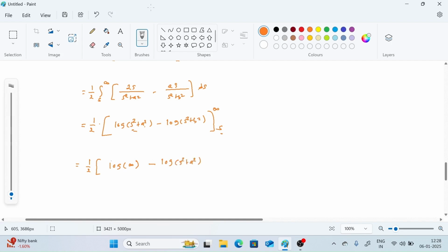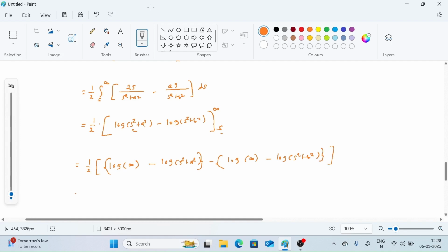This term will be as it is, minus log of infinity minus log of s square plus b square.